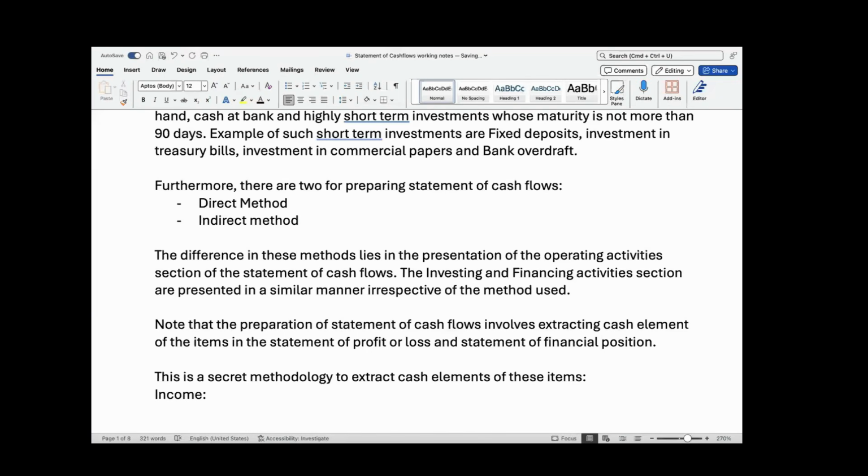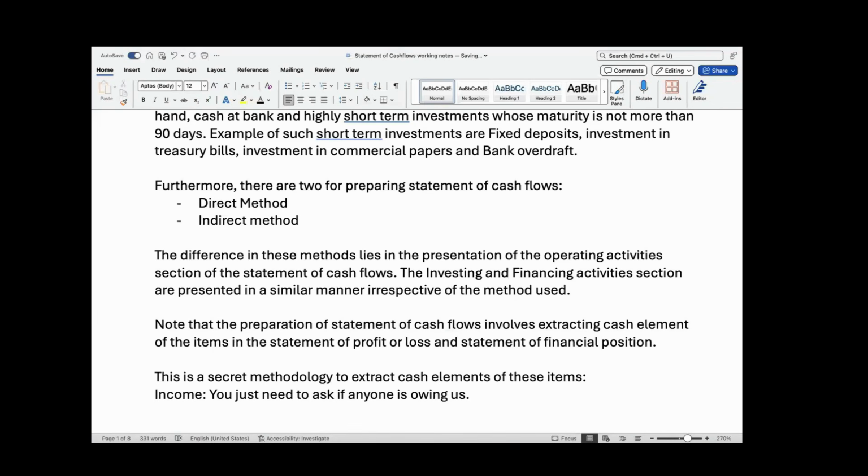When you have income in the statement of profit or loss, you just need to ask yourself, is anyone owing us? Do we have anyone owing us?